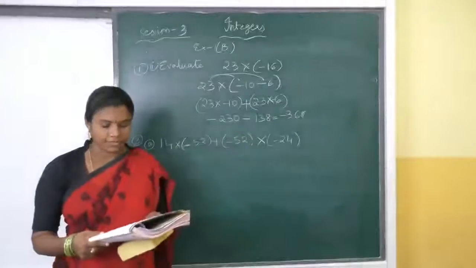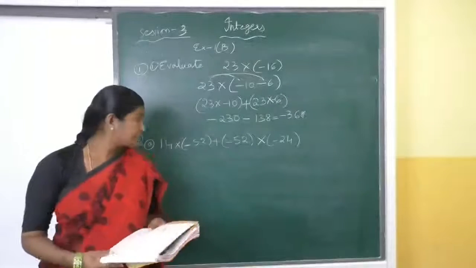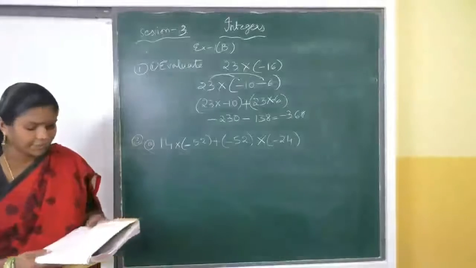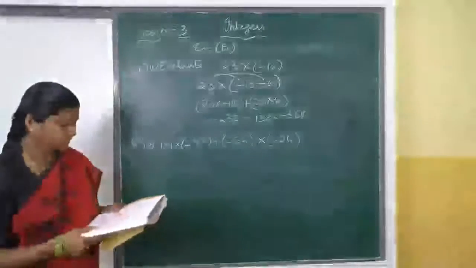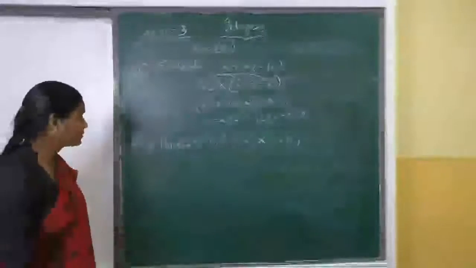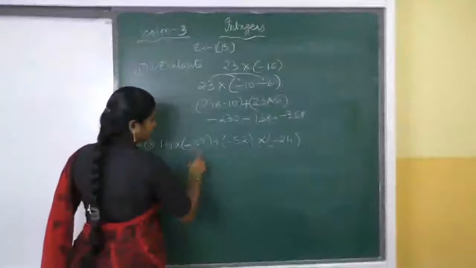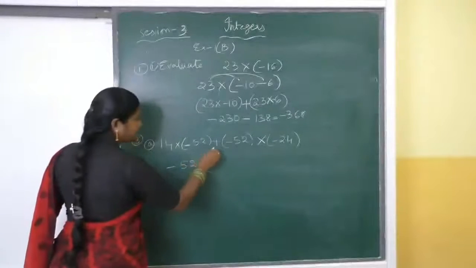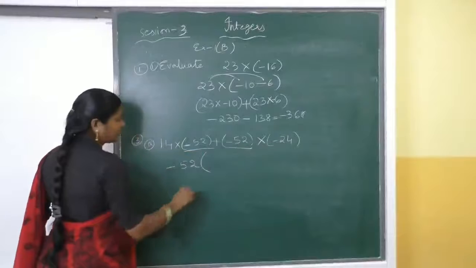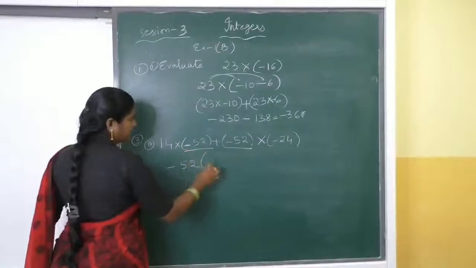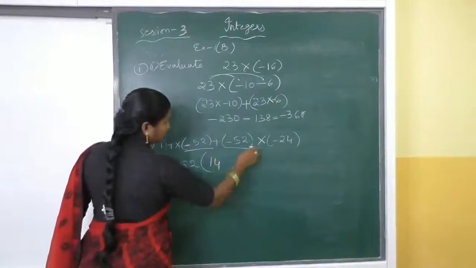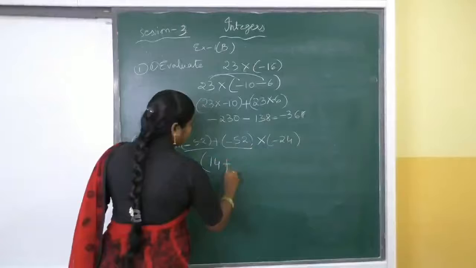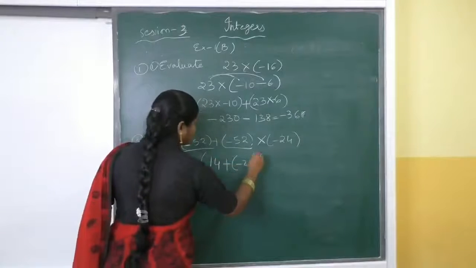Third one. Find the product of the following using suitable properties. Let us see the first question. 14 into minus 52 plus minus 52 into minus 24. Here we have a common number, minus 52, on both sides. So we are going to take it as common. In the first term we have 14, and in the second term we have the other term, plus of minus 24.